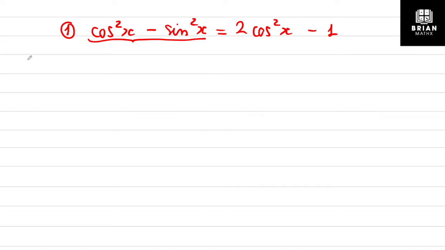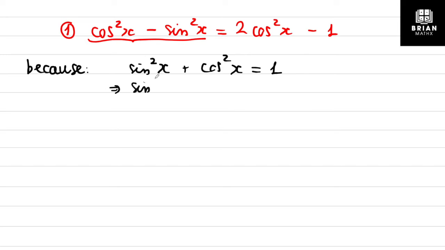Okay, do you remember the fundamental expression in terms of sine square and cos square? You have this formula: sine square plus cos square equals 1. From this expression, it is very easy to make sine square x the subject, so sine square x becomes 1 minus cos square x.